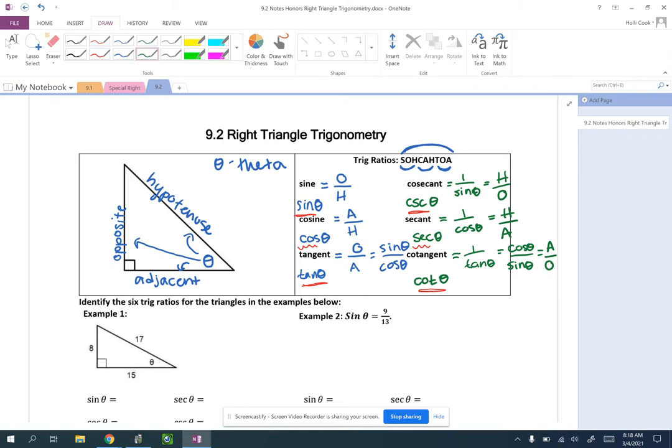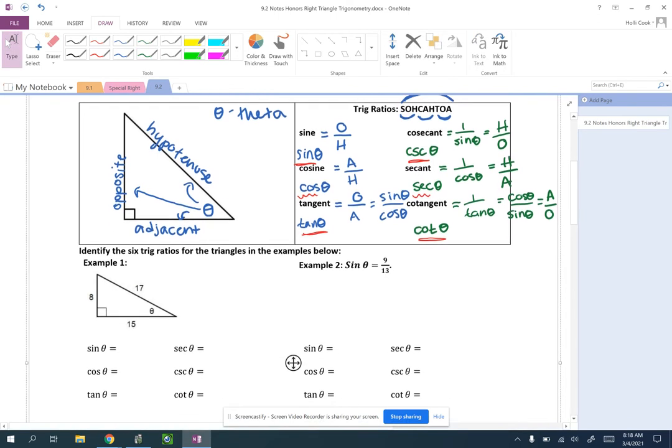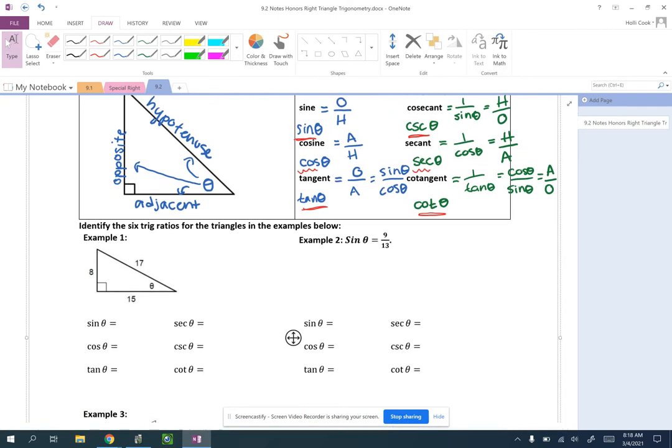Okay, so let's do a couple of examples. So our first example, we have this triangle right here. We have our theta, and then 8, 15, and 17. So now if we're looking for our opposite side, that's our 8, right? That's opposite of our theta. 15 is going to be our adjacent side, and 17 is our hypotenuse.